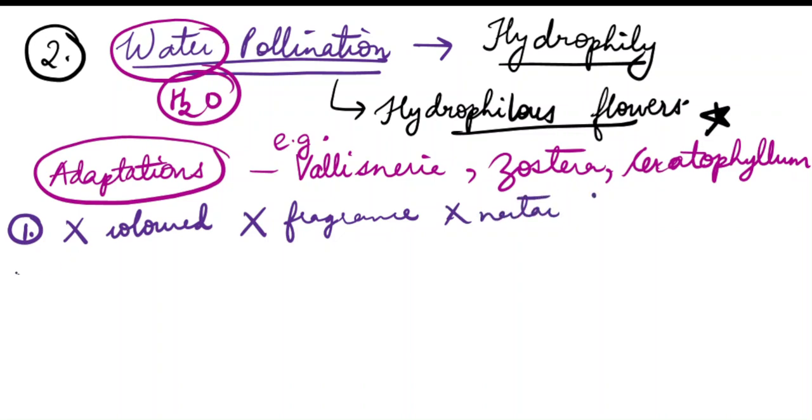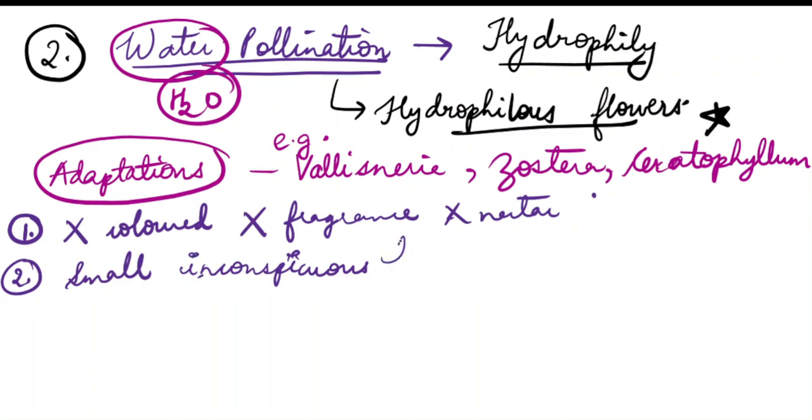The flowers are very small and not easily visible, that is, inconspicuous. Small and inconspicuous means they are not easily visible. These are the points.